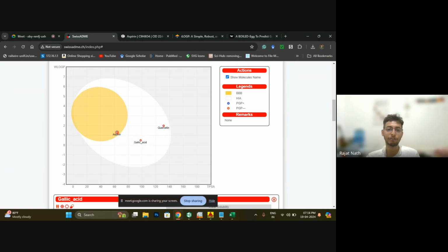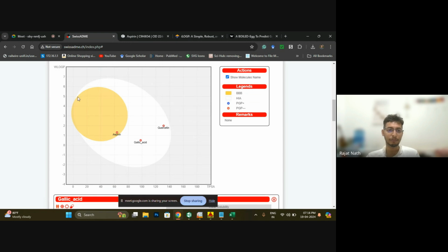But if it is used for neurodegenerative diseases, then aspirin can be used because it is permeable to the blood-brain barrier and it will not be effluxed out by the PGP glycoprotein.